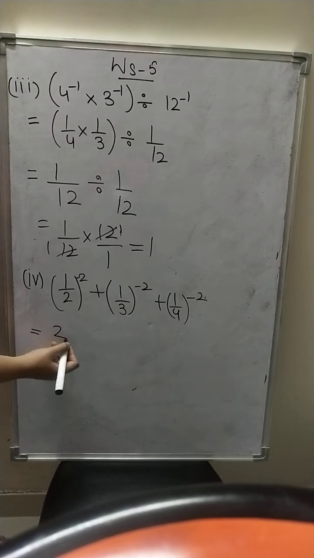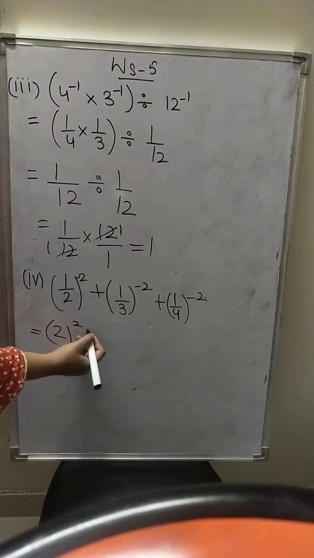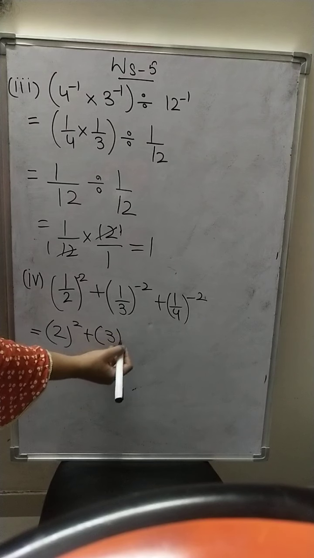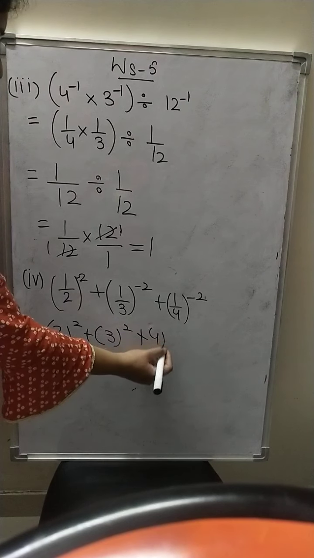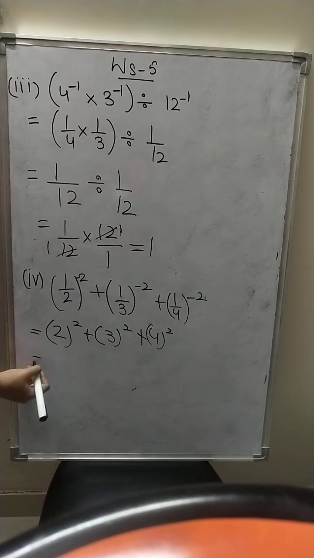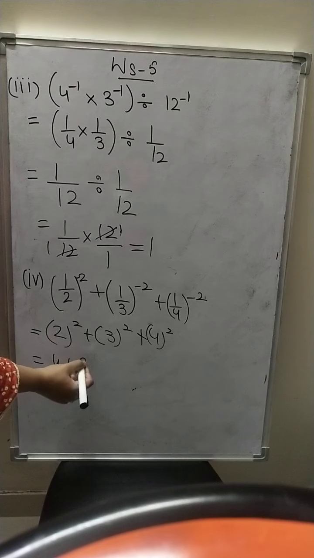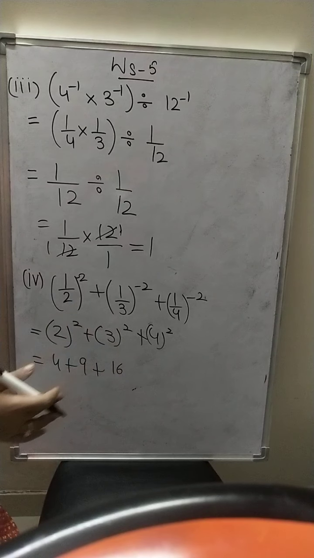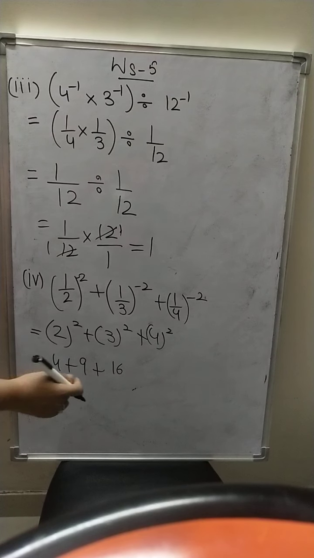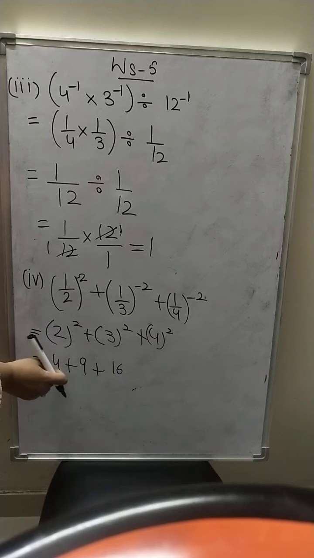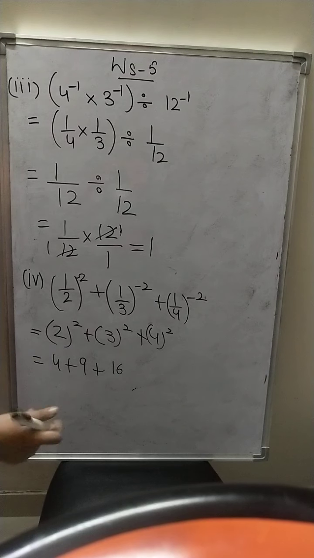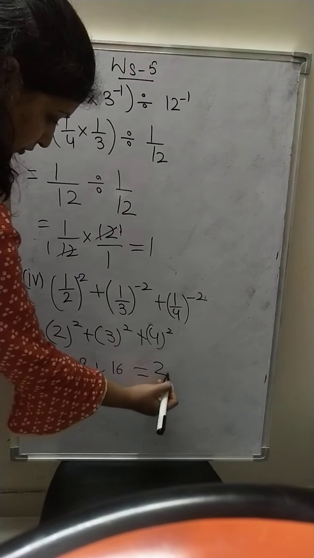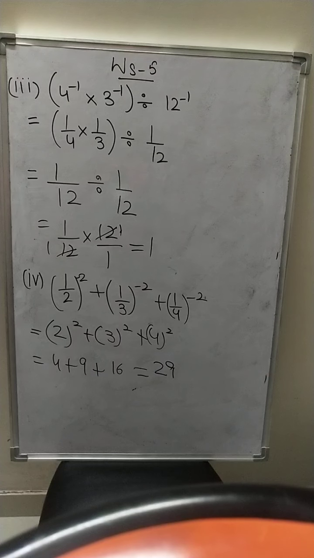So I get 2 raised to the power 2 plus 3 raised to the power 2 plus 4 raised to the power 2. Now 2 square is 4 plus 9 plus 16. Let us add up and see what answer we are getting. So 4 plus 9 is 13 and 13 plus 16, the answer comes out to be 29.